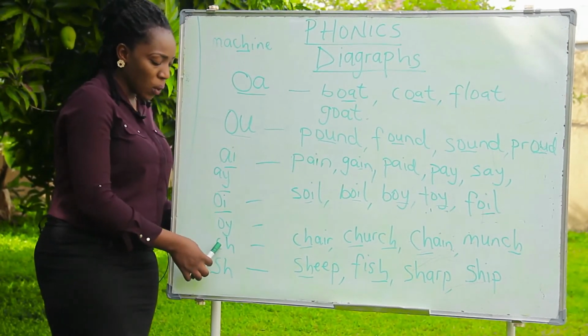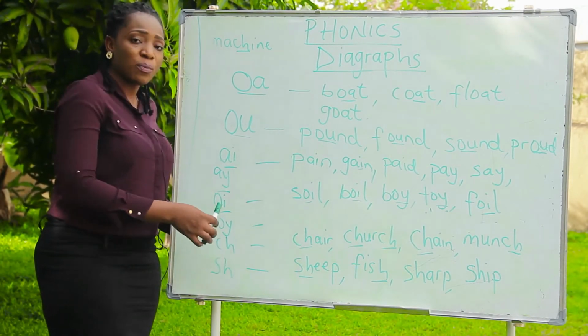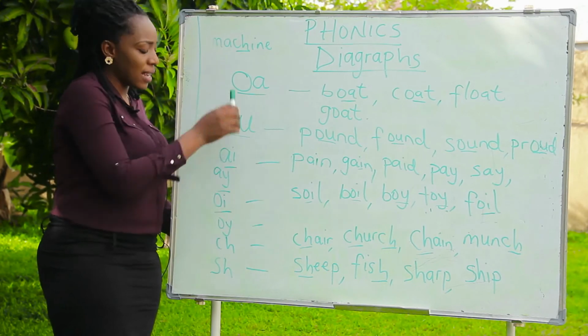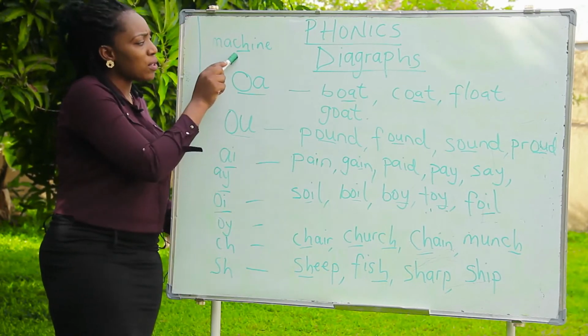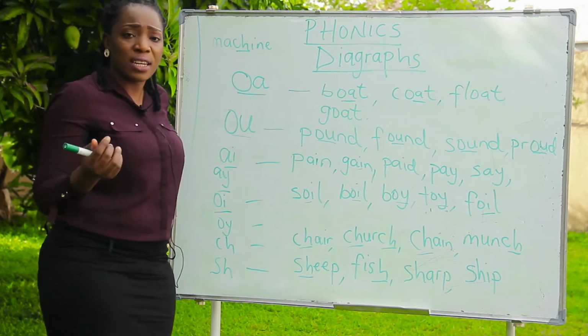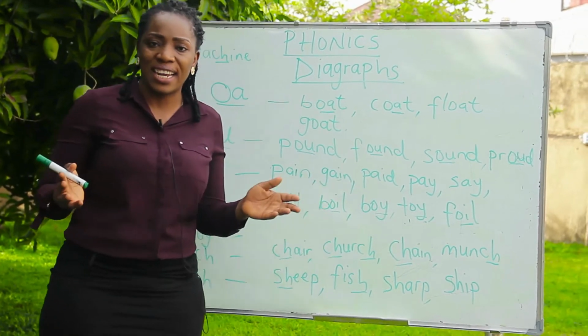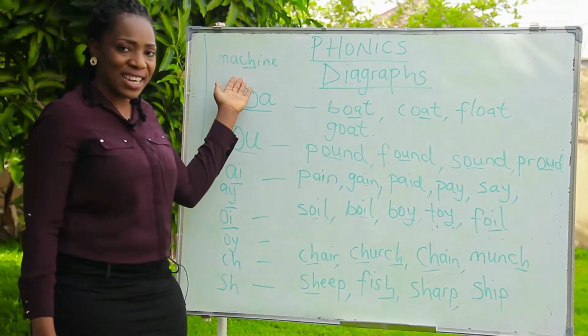You can have a word that has CH in its spelling, but it's not pronounced as ch. It can take the sound of sh. Example of such words, you have machine. And I told you some people call it machine, but in this part of the world where we are now, it is pronounced machine.